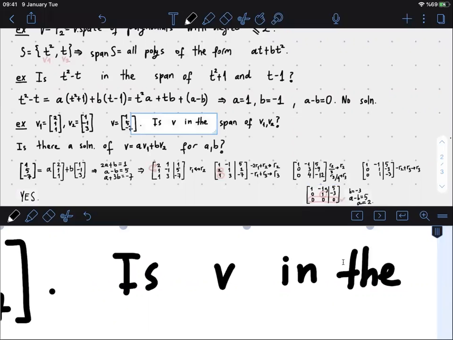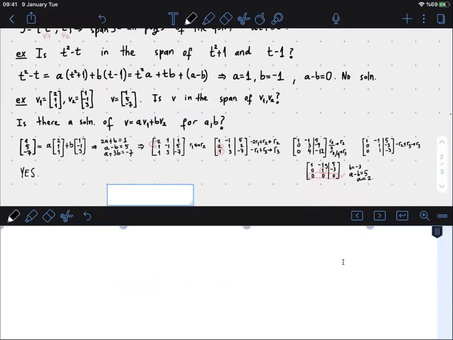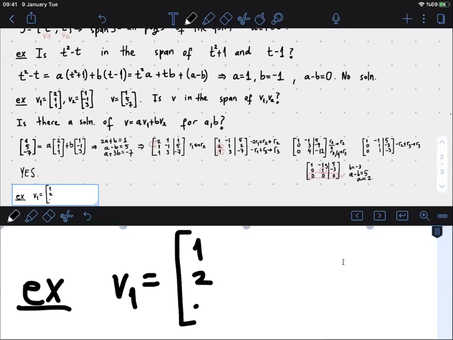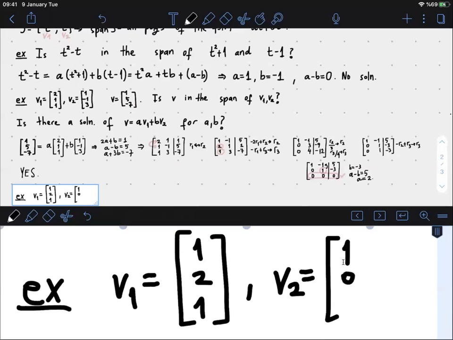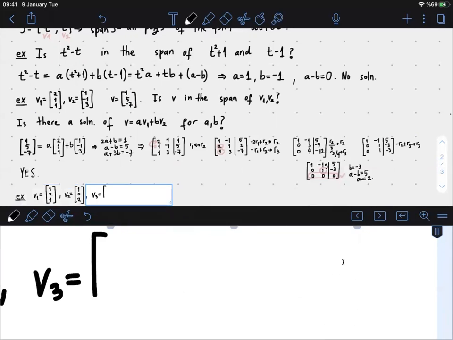Okay, let's do one more question, one more example. In this case, we have 3 vectors: 1, 2, 1; 1, 0, 2; and the final vector is 1, 1, 0.